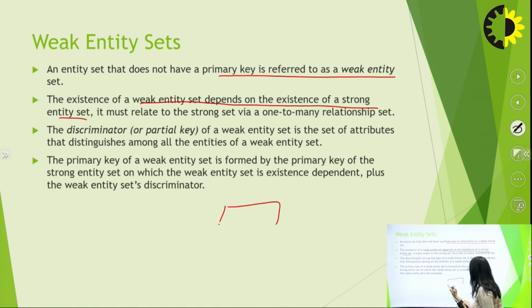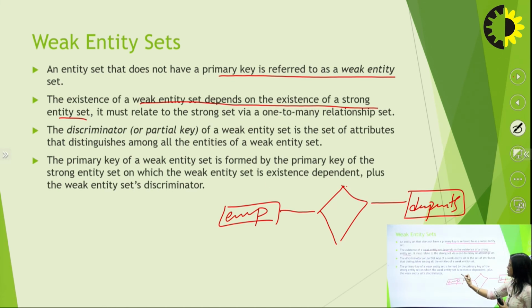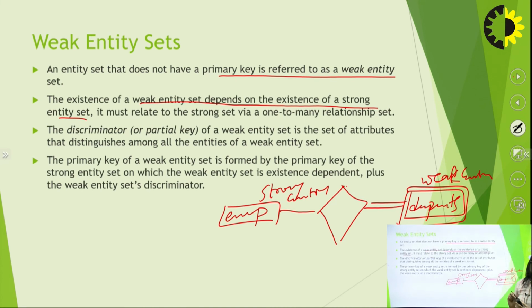Like if I am writing here employee, right. So this employee may have some dependents. So this is the strong entity, this is the weak entity. How will we represent this weak entity? With a double rectangle, double line rectangle, right.